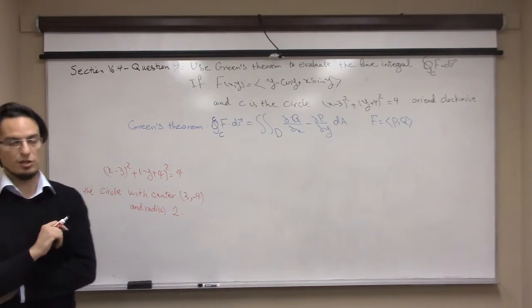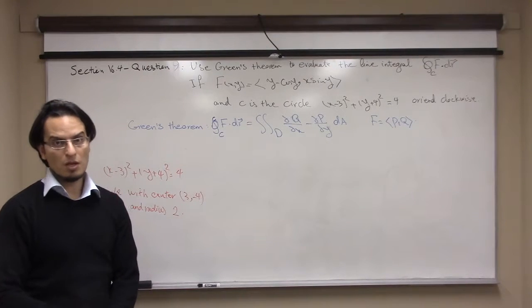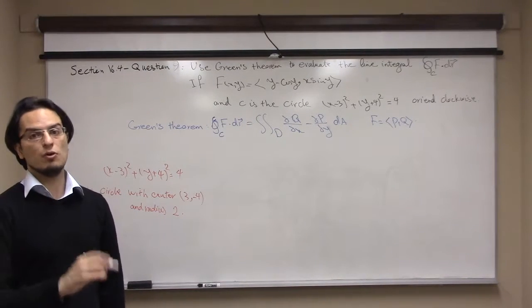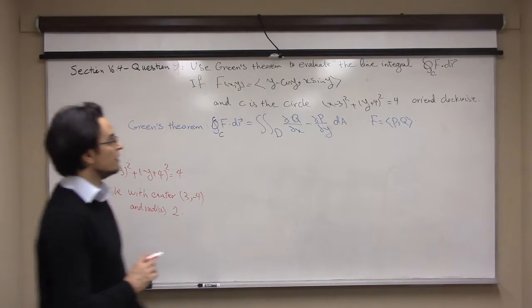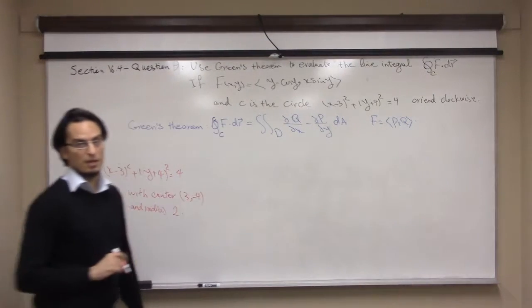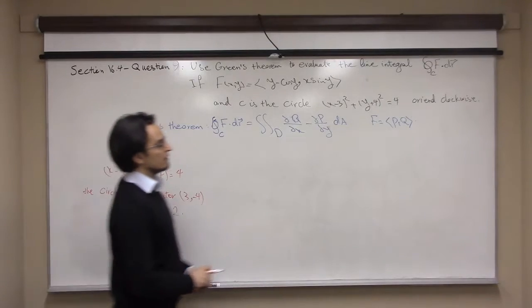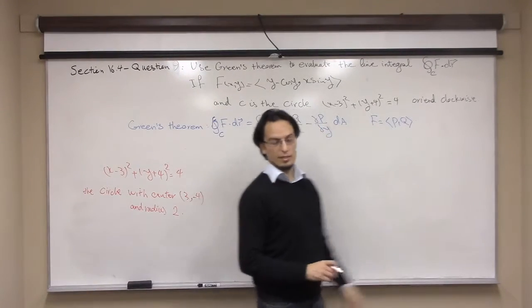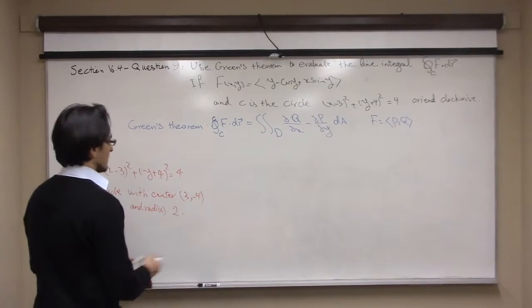So the circle is closed, the circle is simple, and it is positively oriented if and only if it is counterclockwise. But here the question says it is oriented clockwise. That means I cannot use Green's theorem until I deal with this orientation. But that is easy in our case.